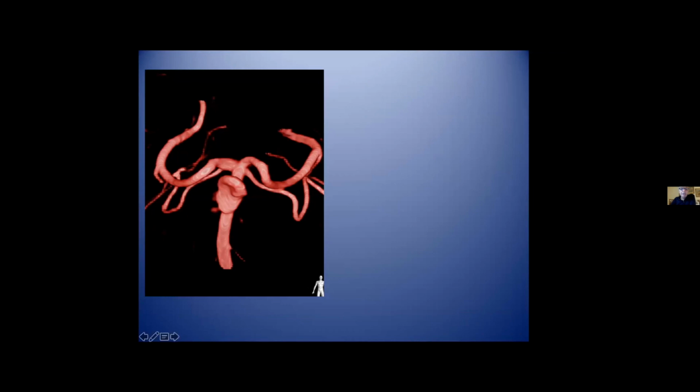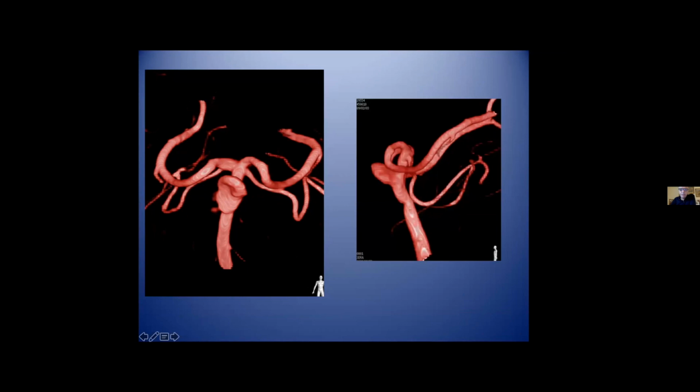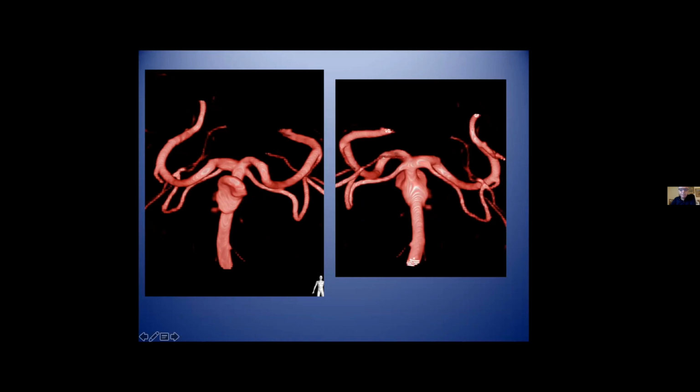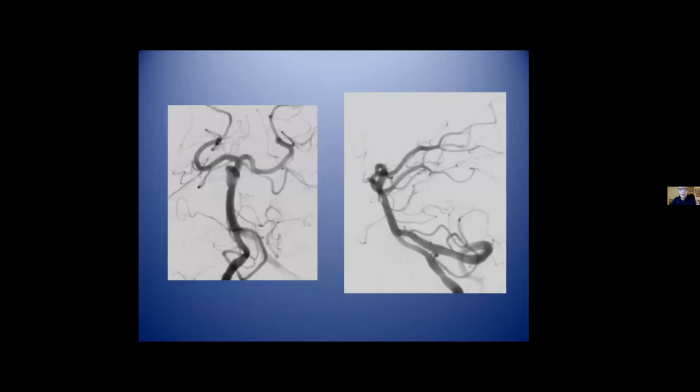But sometimes in a dissecting aneurysm in this region, this is an example. The initial part of the dissection is here, and this is the aneurysm. This is the angio, the dissecting image.